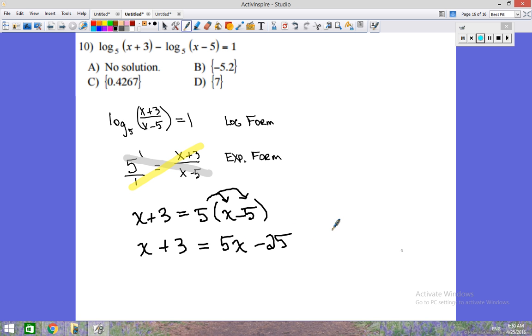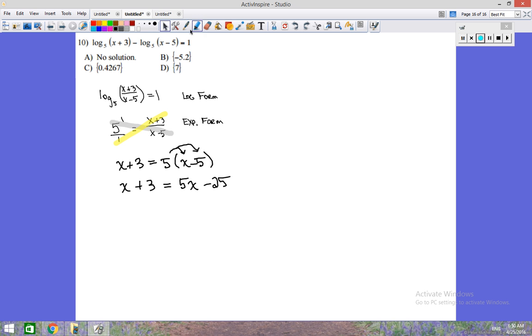So let's get the x's on one side and the constants on the other. If I subtract 5x from each side, don't forget that negative sign that's in front of the 20.